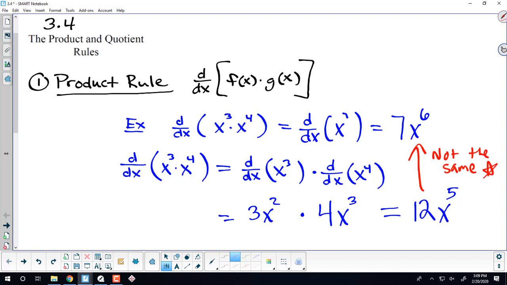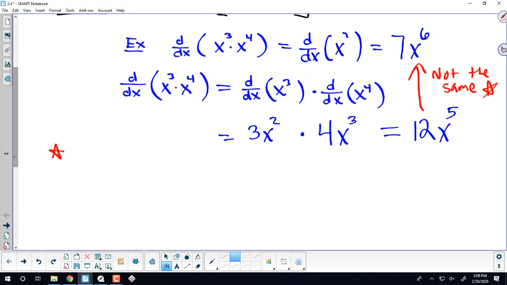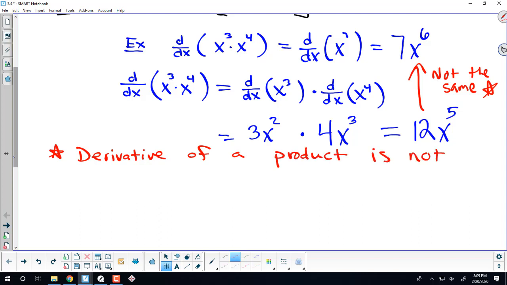So we'll put an asterisk there. And, just at least in this case, it leads us to say that the derivative of a product is not the product of the derivatives.